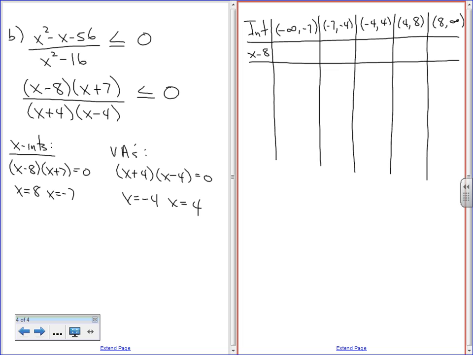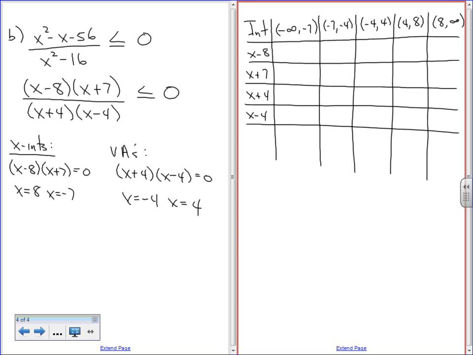x minus 8 is the first factor. x plus 7 is the second one. That makes up the numerator. x plus 4, x minus 4 makes up the denominator. Because you're dealing with rational expressions, rational functions, it doesn't matter whether you multiply or divide first, right?